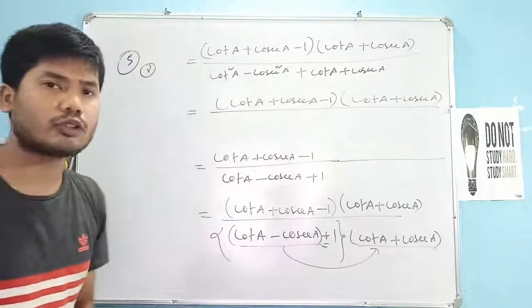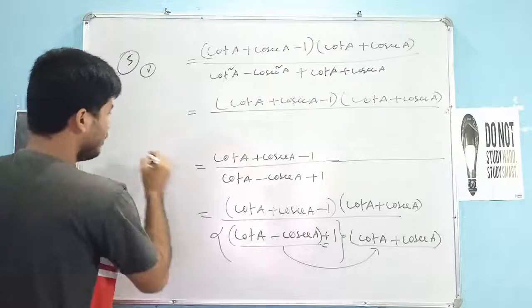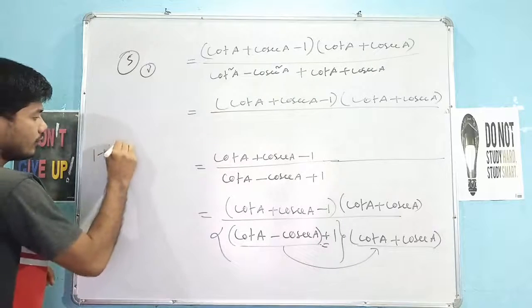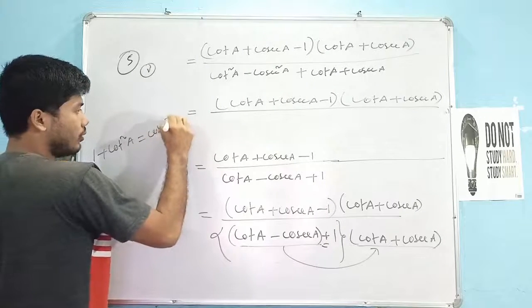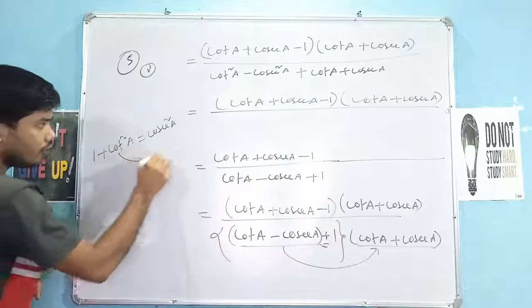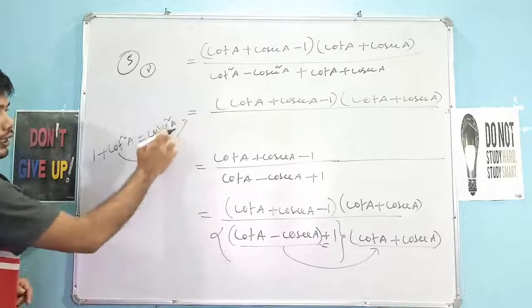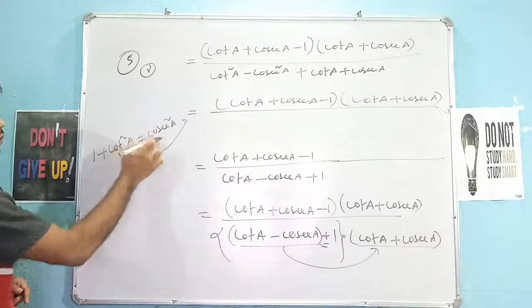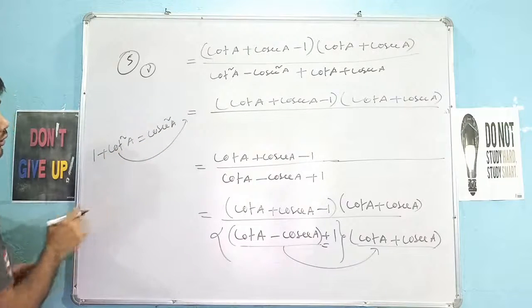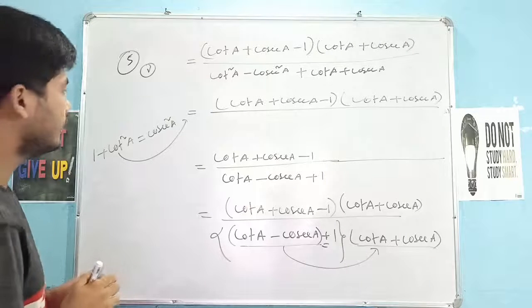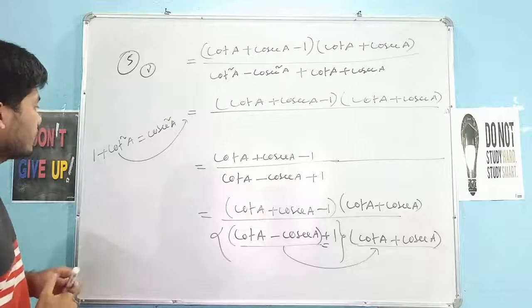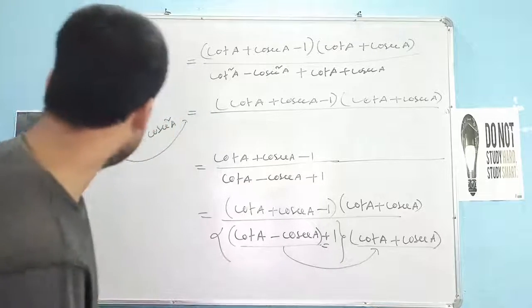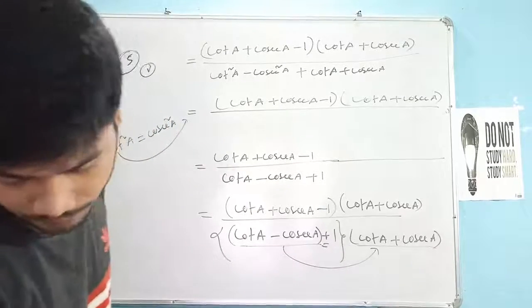Cot square A minus cosec square A, that is 1, right? Because 1 plus cot square A is equal to cosec square A. Therefore, cot square A minus cosec square A is minus 1. Sorry guys.